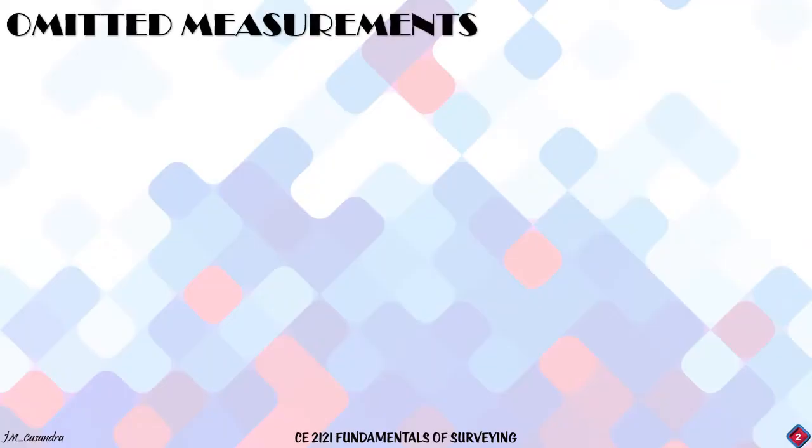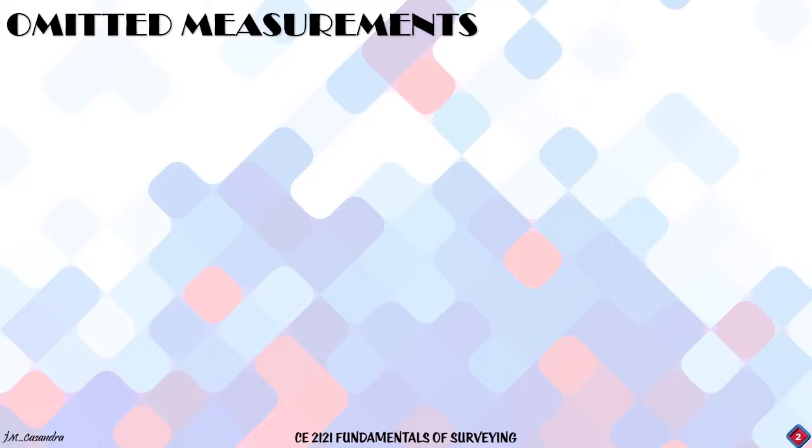So to start off, in any field measurements, there are times wherein some measurements of length and directions cannot be performed or cannot be obtained. Thus, we now apply omitted measurements.